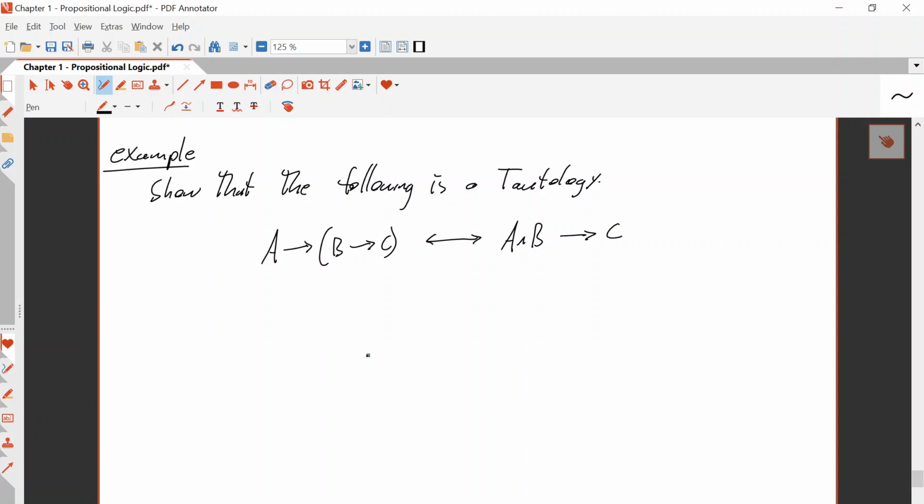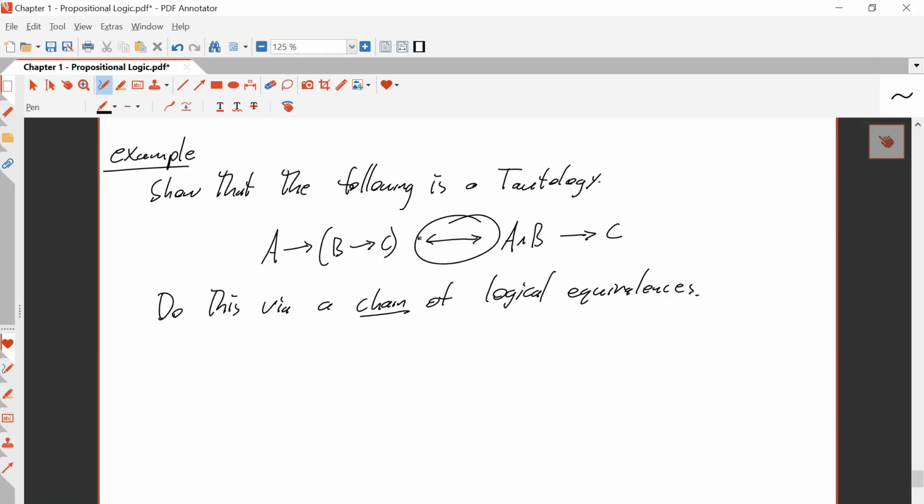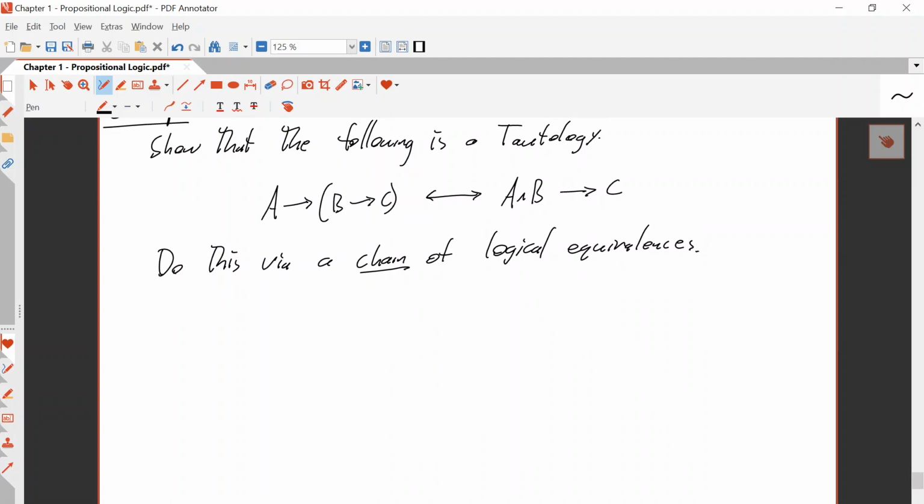So do this via a chain of logical equivalences. Not stacking equations, but a chain of equalities. And by equality, I mean this thing, that's equality in logical terms, in logical values.